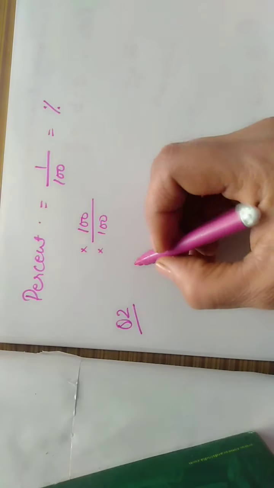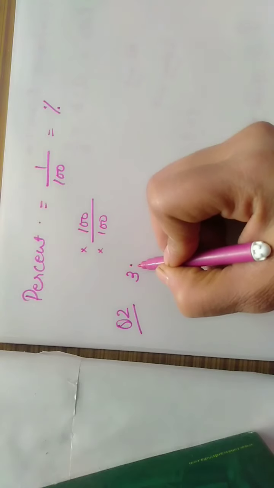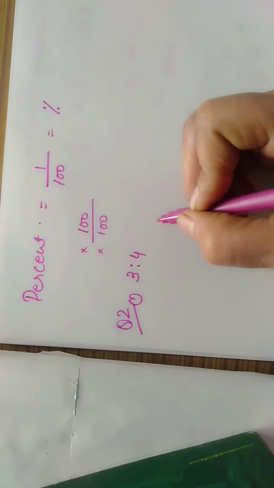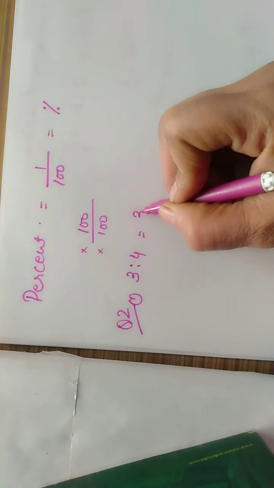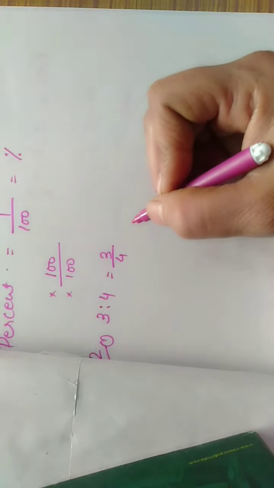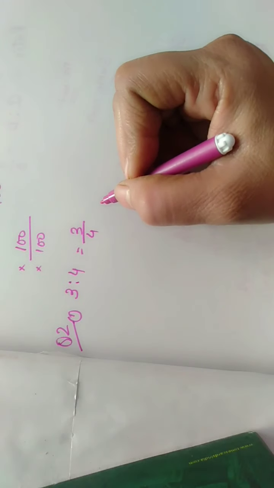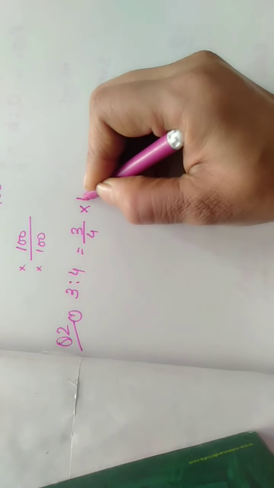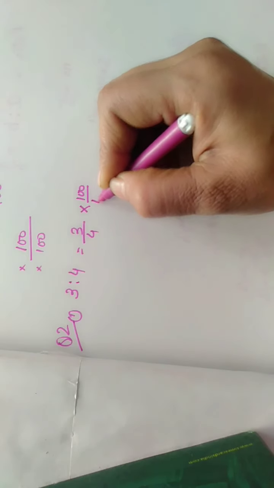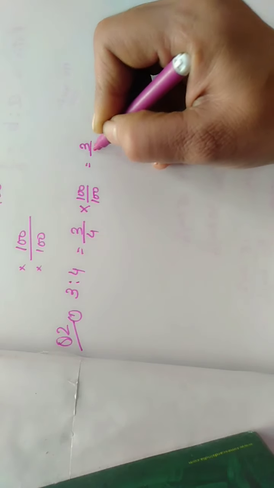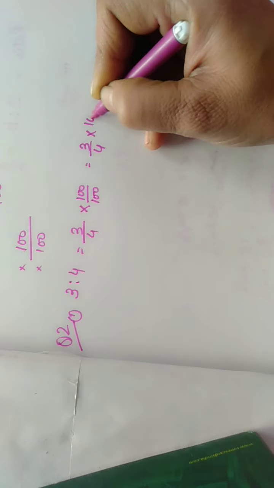To convert the following ratio into percent, this is the ratio given. You have to convert it into division form as 3 upon 4. Then you multiply by 100 and divide by 100, so it becomes 3 upon 4 into 100%.